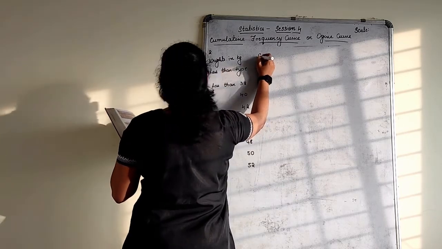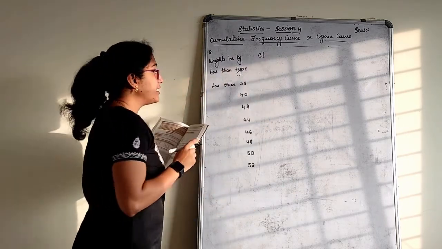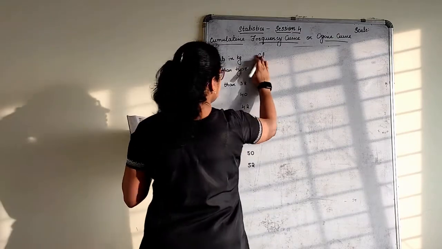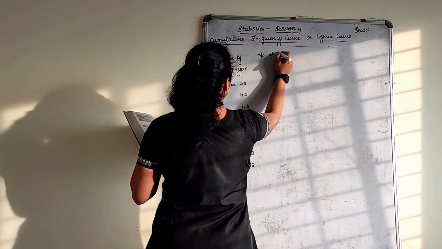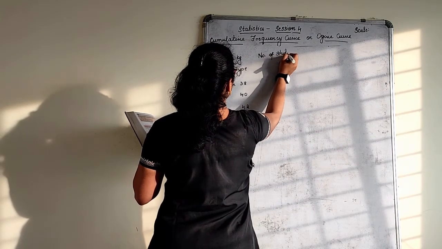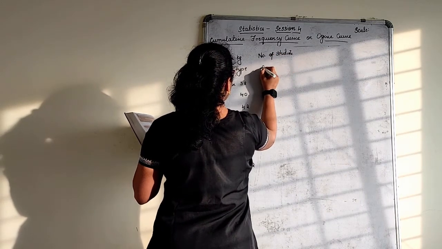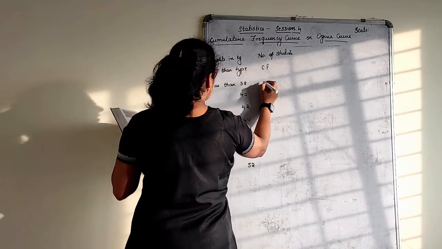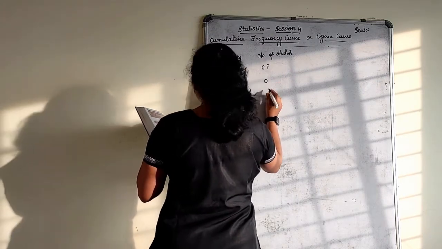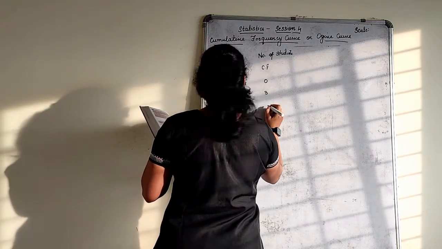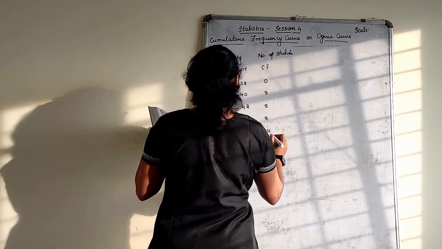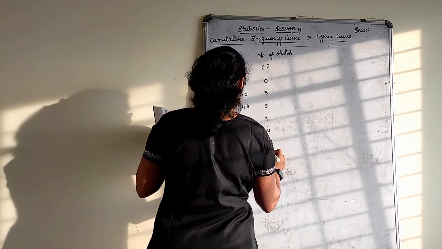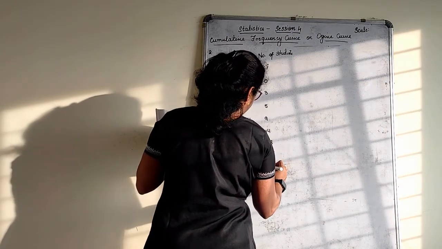The given frequencies in the less than type is always a cumulative frequency. It is number of students, which is nothing but CF. So your data is readily given: 0, 3, 5, 9, 14, 28, 32 and 35.